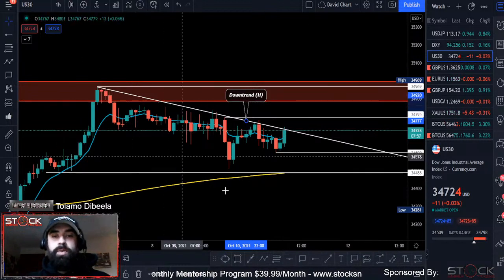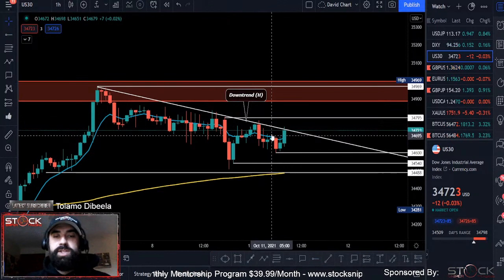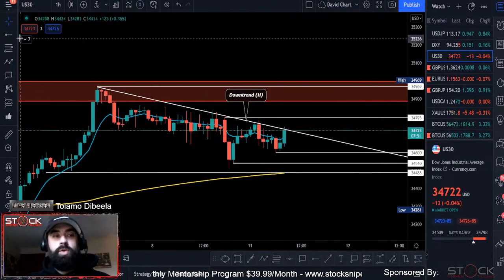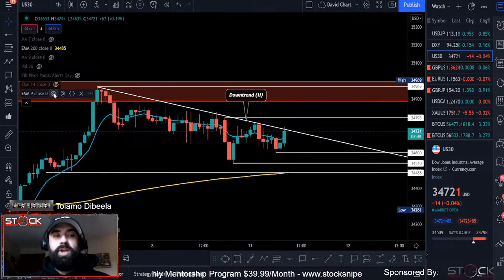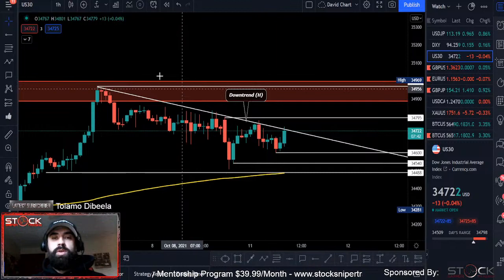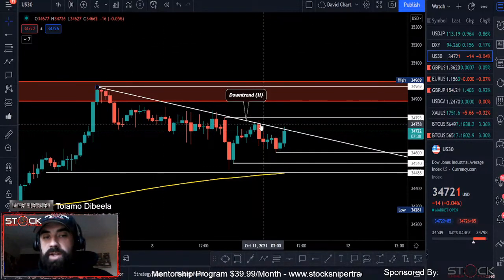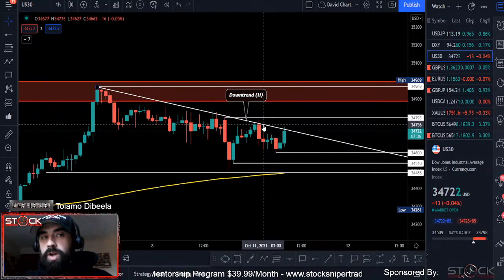Okay, so from now, I want to make sure I'm grabbing this support right here in case it does sell off here. Okay, notice how I'm going to remove this 9 EMA. Okay, so from this resistance right here, this is the neckline potential break from the overall downtrend on the hourly.